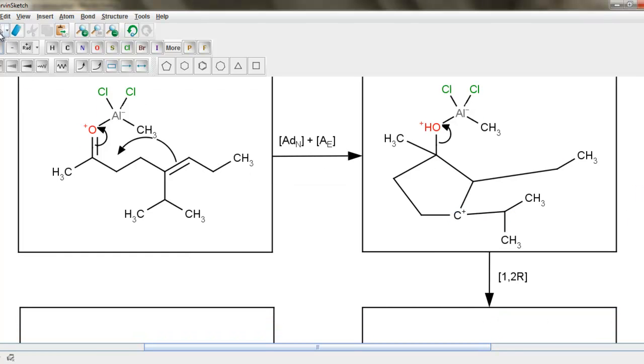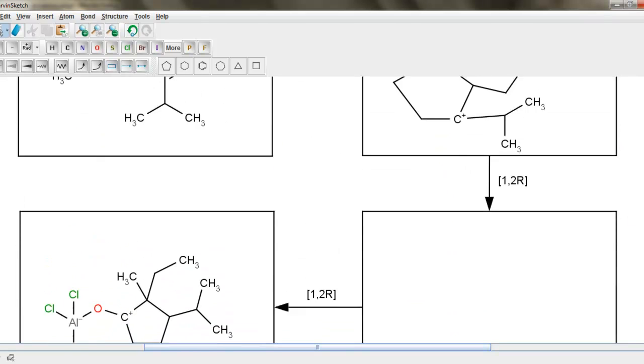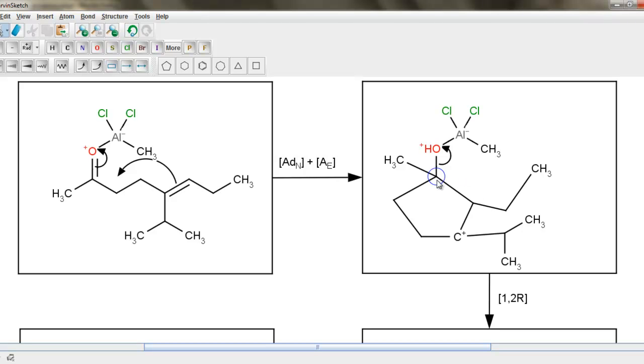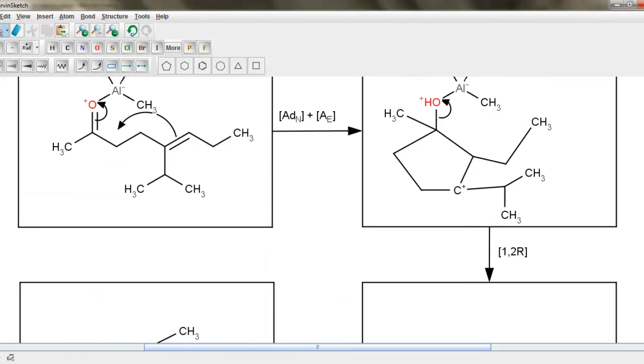And so now, clean this up a little bit. Now we have a 1,2 rearrangement. So it's moving over one bond. We need to get this carbocation right here next to this oxygen at this little center, plus we need to get our methyl group attached to our ethyl group on the ring.